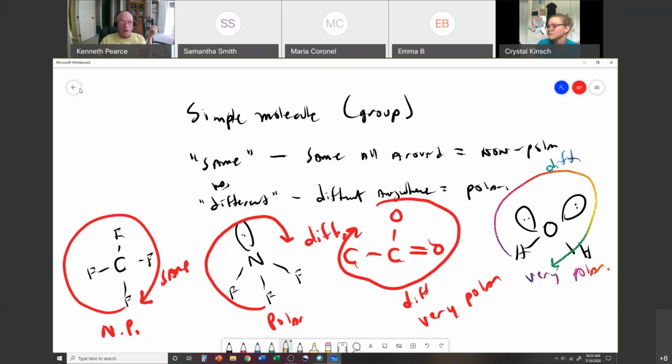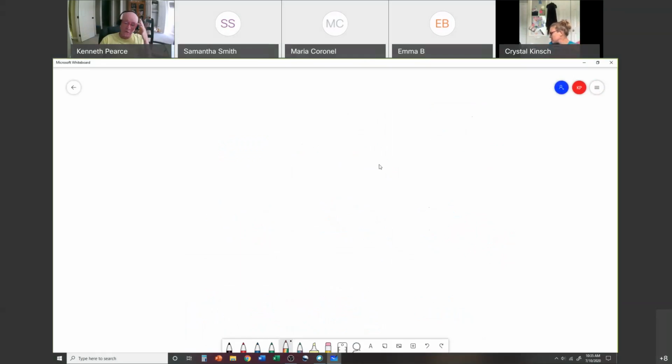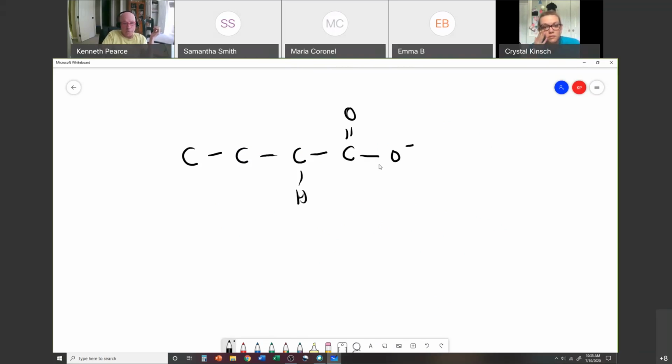Within a molecule, particularly when you get into organic stuff, you can see this situation right here. Let's say we have this molecule with a bunch of hydrogens hanging off, and you've got the carbon with the double bonded oxygen, carbon with the oxygen ion.